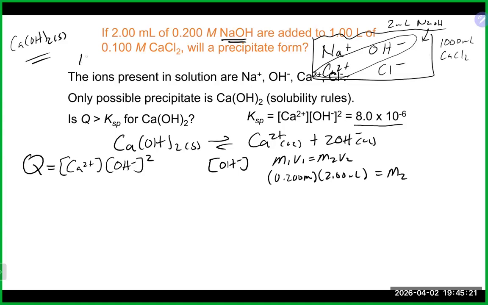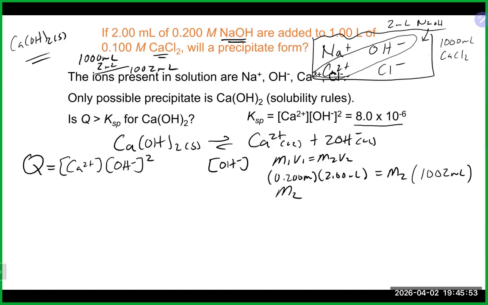So we have 1,000 milliliters of the calcium chloride, again converting the 1 liter into milliliters, and we have 2 milliliters of the other. That gives us a total volume of 1,002 milliliters, which would be our V2. Solving for M2, that's going to be 0.2 times 2 milliliters divided by 1,002.